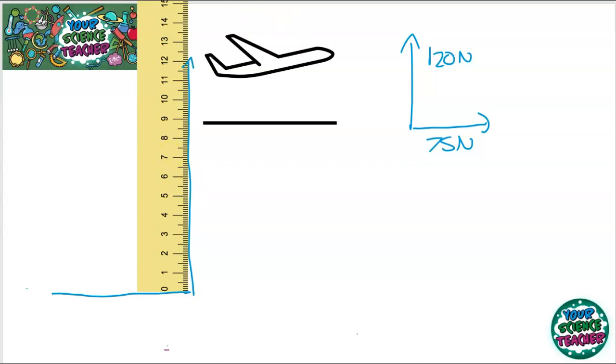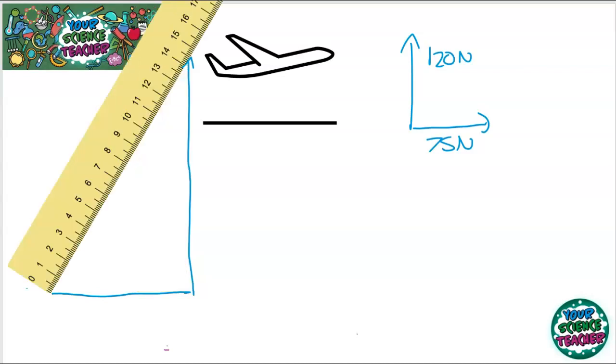And then in order to calculate the resultant force, I need to measure the distance between them. So if I draw my line on for the resultant force, it is going 14.5 centimeters, which would be 145 newtons. And you can actually measure the angle and give the angle that the resultant force is acting.